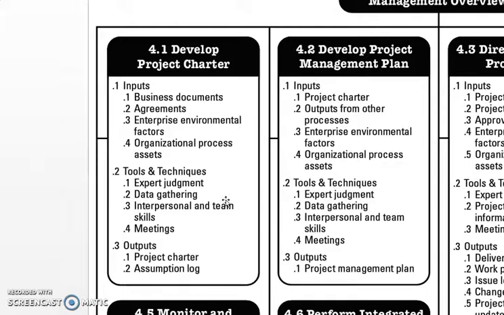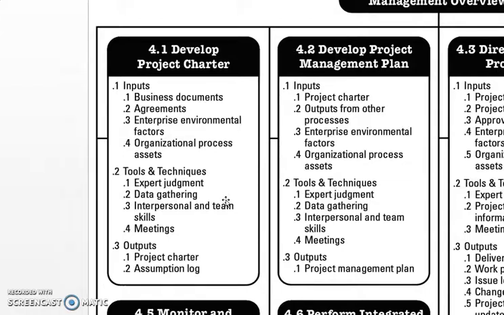Business documents contain the purpose of the business and the purpose of the project, and may also contain statements of work, requirements, high level requirements, etc. Number 2 is agreements. What is an agreement?